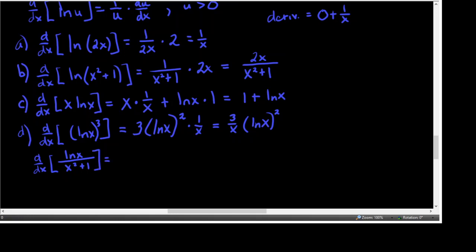This is a quotient, so the quotient rule applies. So low d high, the derivative of the numerator is 1 over x, low d high, minus high, so ln of x, d low, so times the derivative of the denominator, which is 2x, all over the square of low.